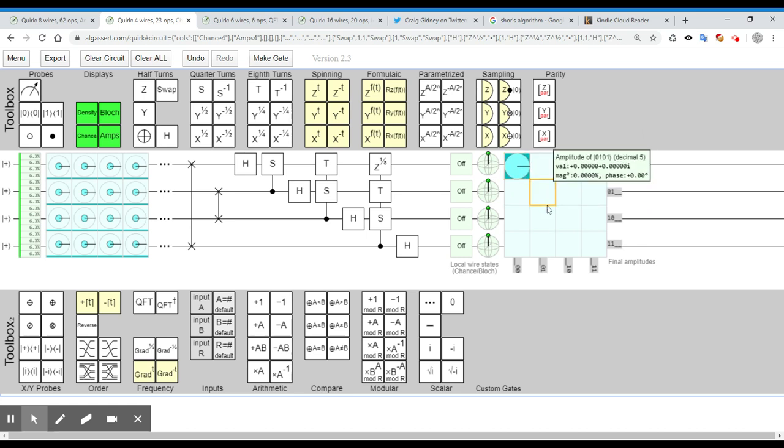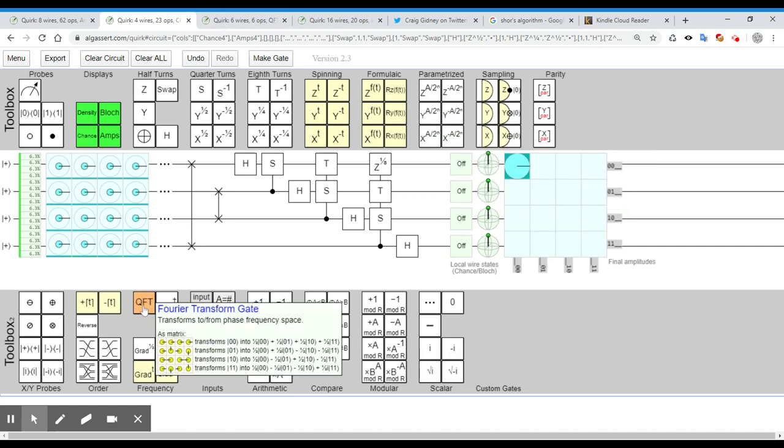What do these mean though? Hmm. Because in theory the QFT says it transforms to and from phase frequency space. Phase frequency.